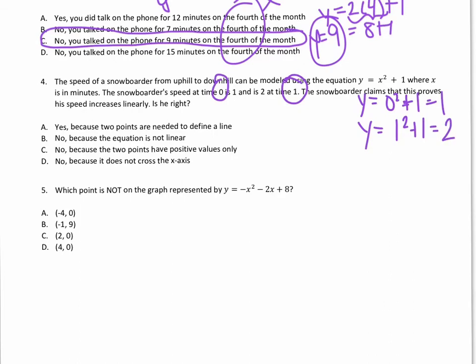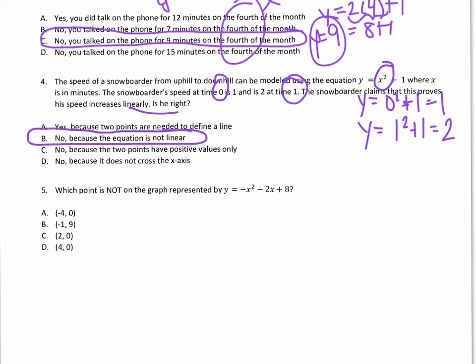So those two are correct. Another way you could have approached this problem was looking at the x squared. Don't forget, to be linear, you would have only an x, no exponent. With a square, that also means it's quadratic. So this one would be no, because the equation is not linear.